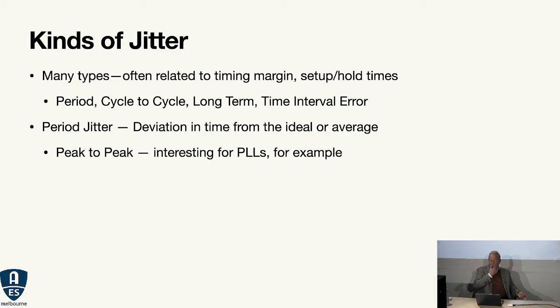Another way the jitter is related to period is peak to peak. That's very interesting for things like PLLs, because if the jitter is too much, the PLL may lose lock on its input, for example. But that's not really what we're talking about here for audio.